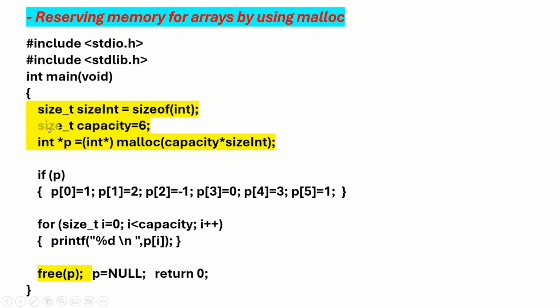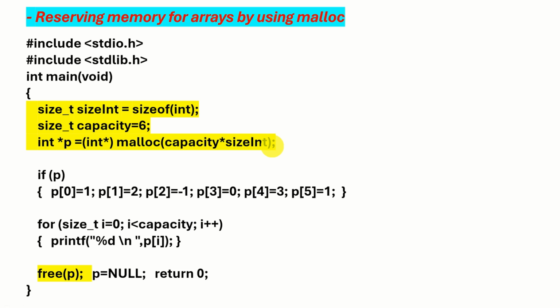Then over here I define the capacity of my array. It's going to be 6. Consequently, I will create an array of 6 integers. And over here, I'm reserving the memory space for these 6 integers. That is the memory space for my array.